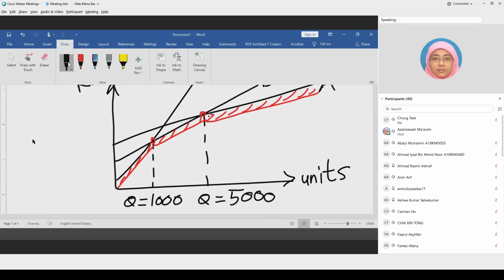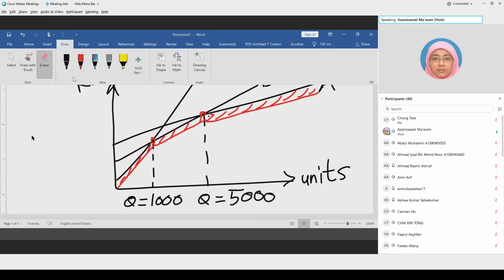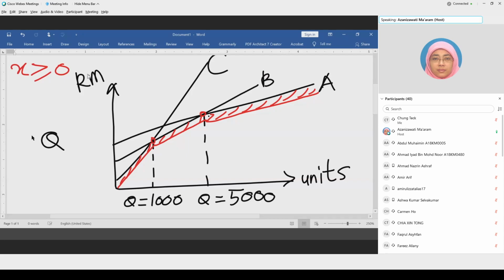Okay dah. So if Q between 0 until 1000, you will use, okay, which one? Process? Process C lah. Process C will be selected.